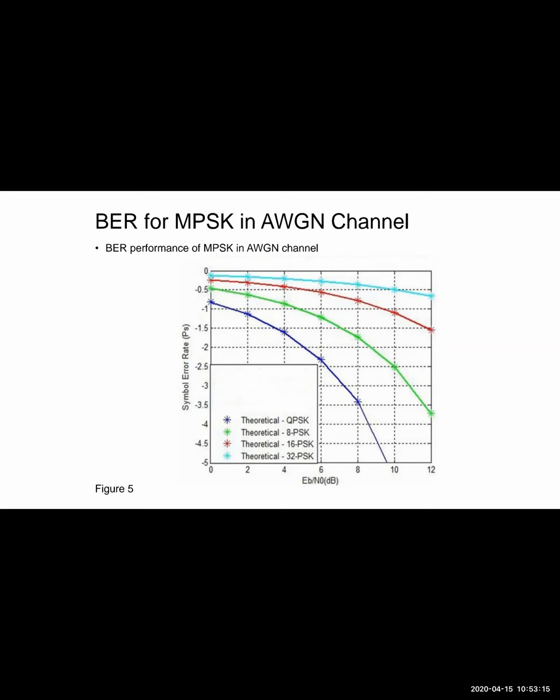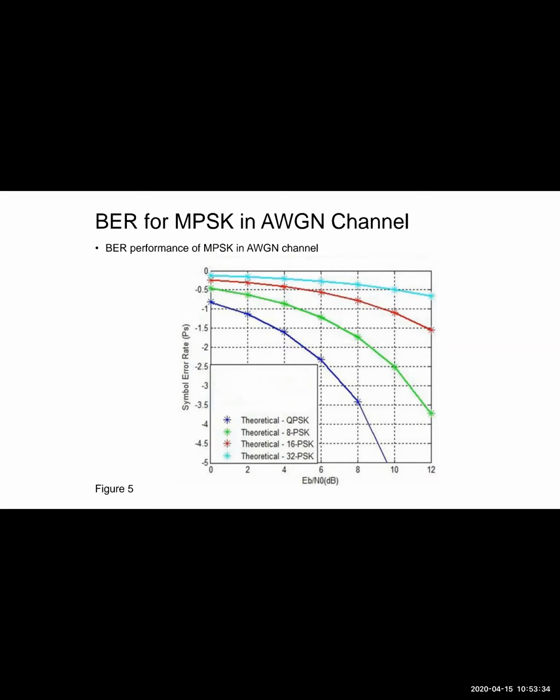So irrespective of 8 PSK, 16 PSK, 32 PSK, we can see that all of them decrease exponentially, okay? Although 8 PSK is better than 16 PSK, which is better than 32 PSK.